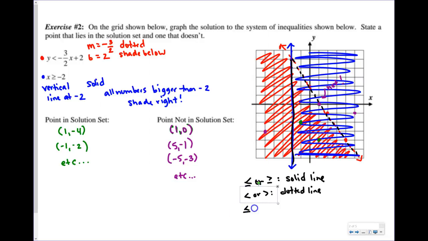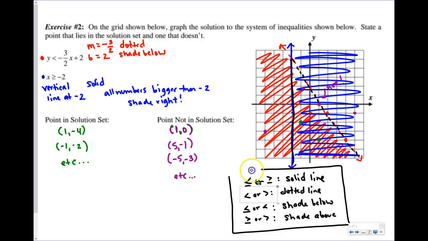If you have a less than or equal to, or less than, you shade below. And if you have a greater than or equal to, or greater than, you shade above. So if you want to write this down somewhere, it is from Unit 7, which was your take-home unit. I would put this down somewhere because you do have to memorize this. This is not something they will tell you on the Regents, so you need to memorize it.